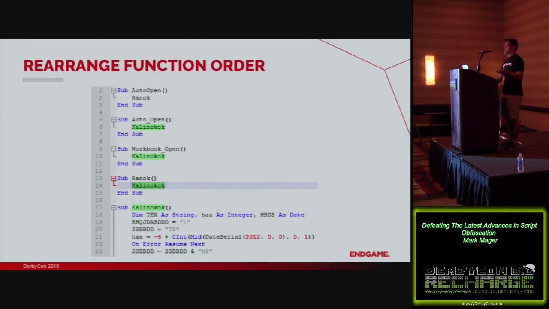And rearranging function order is something that rises to the top right away, because once you look through the different functions involved, the four subroutines at the top, I was able to rearrange them, because they're split up in different sections within the code, to make it clearer by jamming them all together.